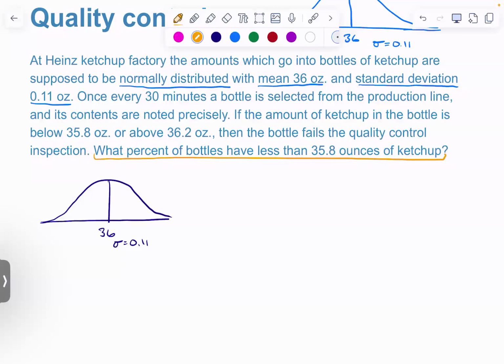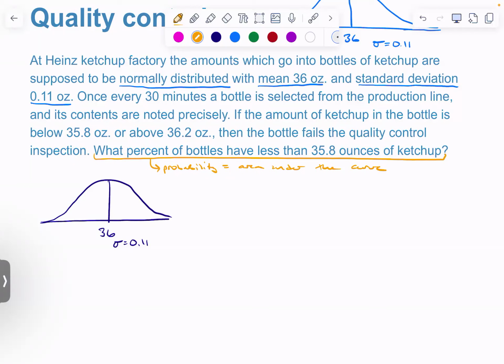And a probability is the area under the curve.